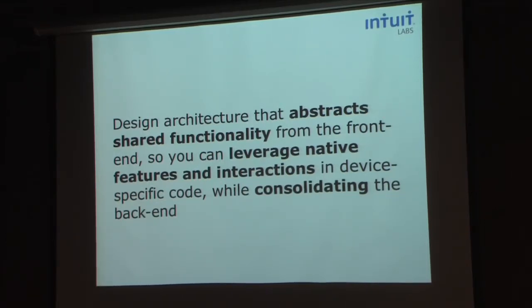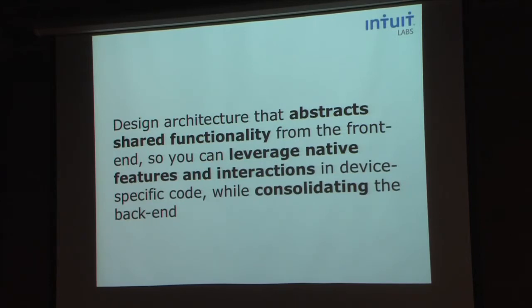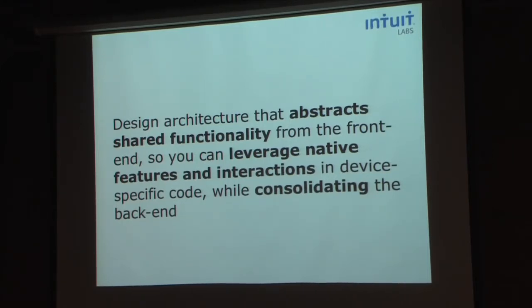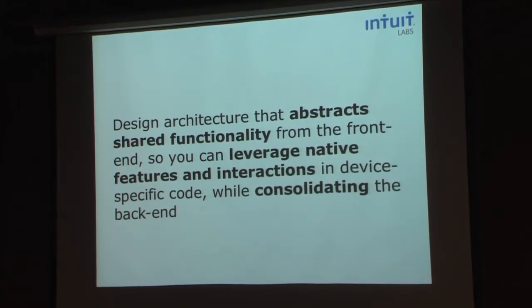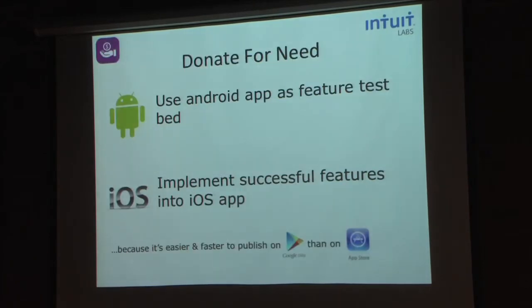You want to build something that is fun to use on your device. And the approach we're taking is by building two native apps that really do leverage those things, but we're going to consolidate as much of the logic in the backend code as possible so that the apps themselves are very thin and the logic is happening separately.